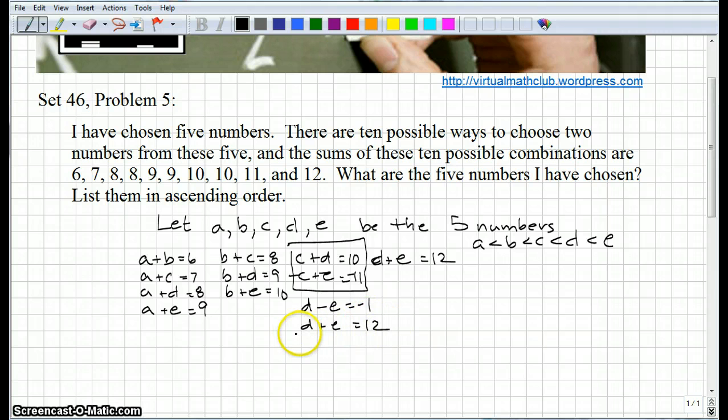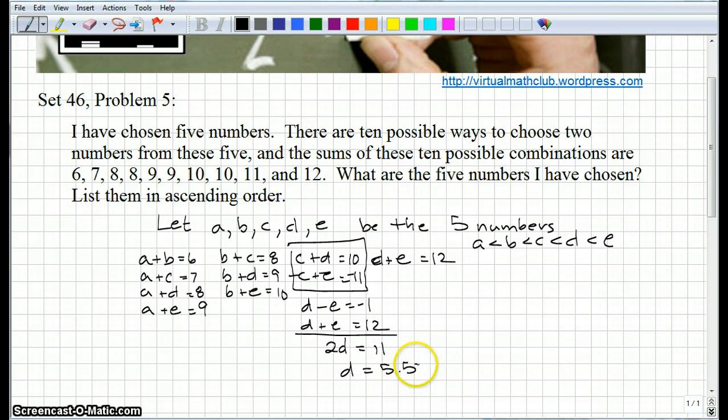And now look at this. I can add those, and the E's will go away. So I get 2D is equal to 11. So D has to be 5 and a half. I'm going to make it 5.5. That's half of 11.